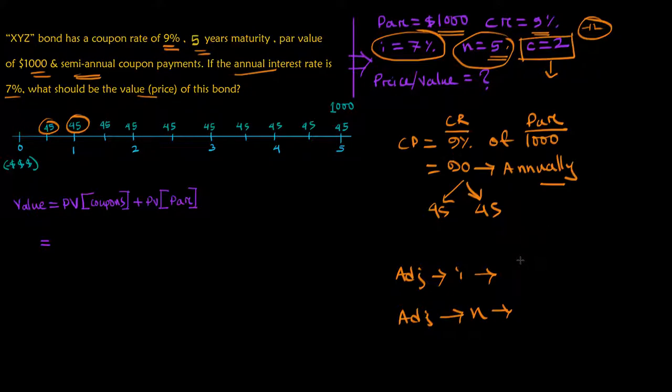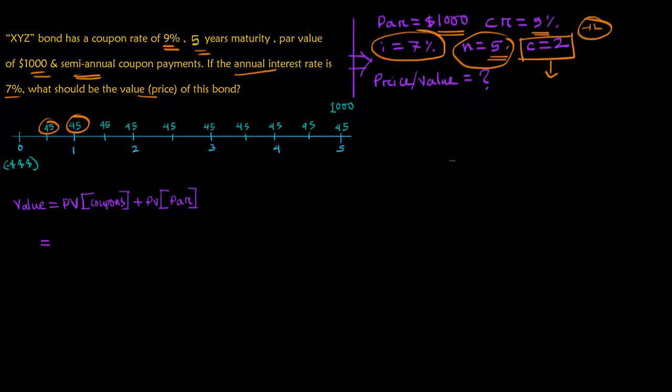Now to do this, when you adjust the interest rate, you divide it by C, or the frequency of compounding, and when you adjust the number of periods, you multiply it by C. So that gives us 3.5% semi-annual interest rate and 10 periods, right?